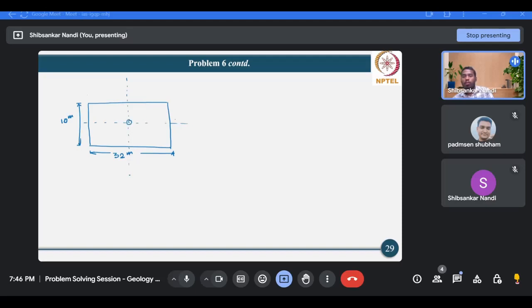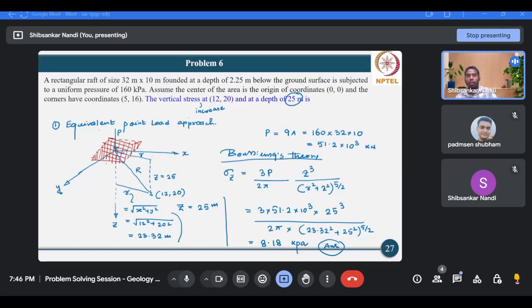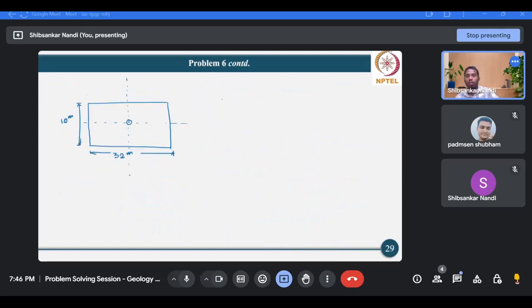Okay. So then this will be 5, 16 each corner. Now at what point we are trying to calculate the vertical stress? 12, 20. So this is 5, 16. Now we are interested to calculate the vertical stress increase at 12, 20. So okay, it's basically I think the orientation, so XY.